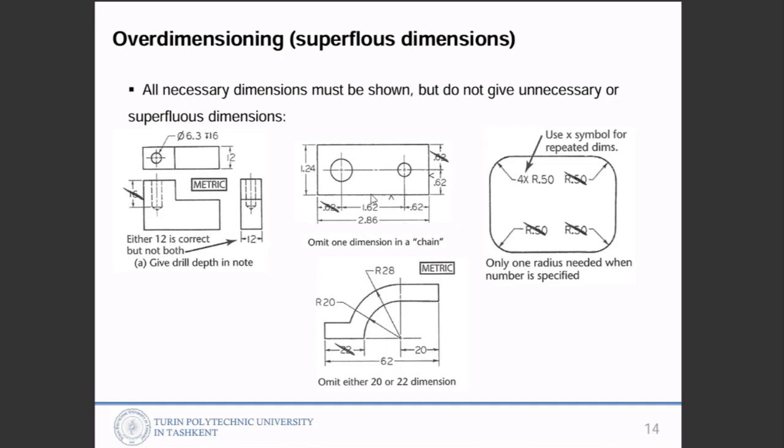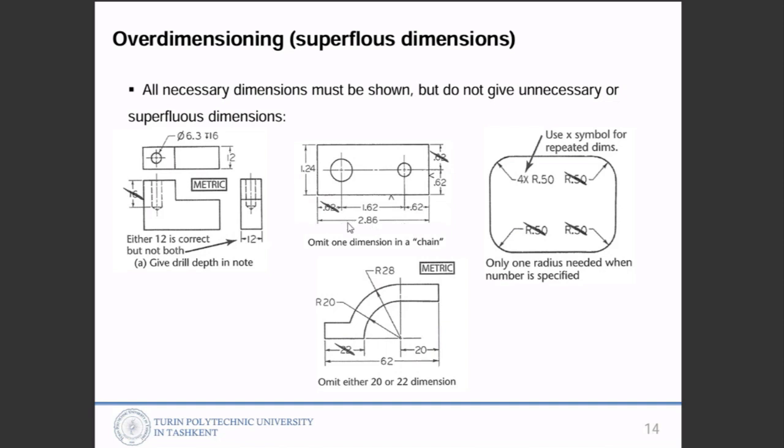For the vertical one, it's also similar. If the overall dimension is given and you also show this one, one should be deleted. Or if you wish to keep this one, then the overall dimension should be deleted. Or you can write the overall dimension with brackets on both sides, which means the values in brackets are reference values. Dimensions consist of primary dimensions and secondary dimensions.